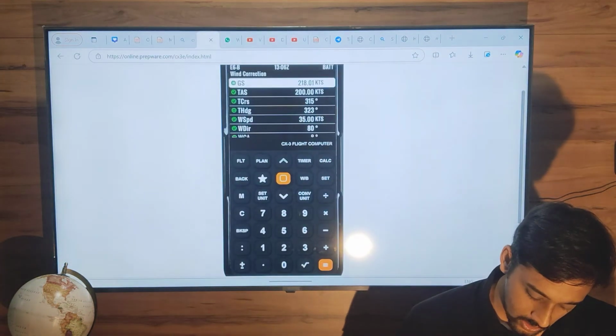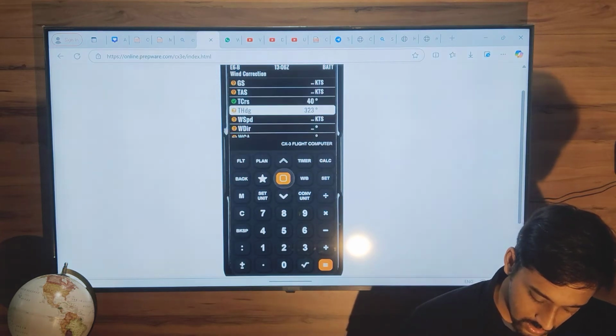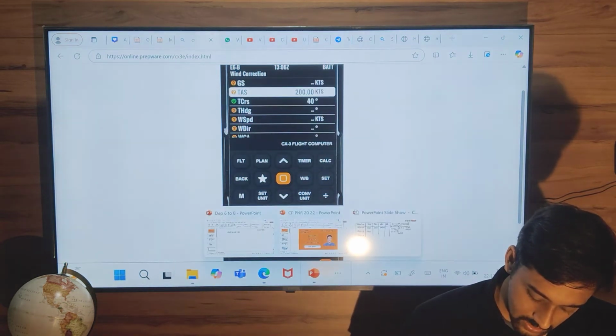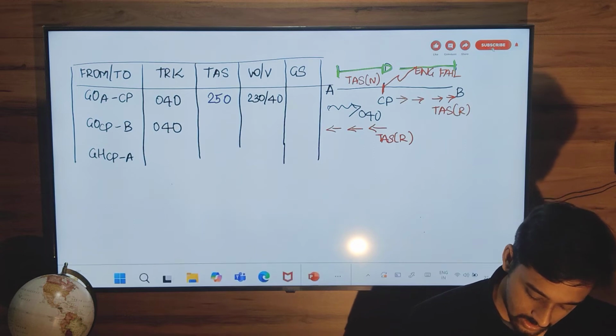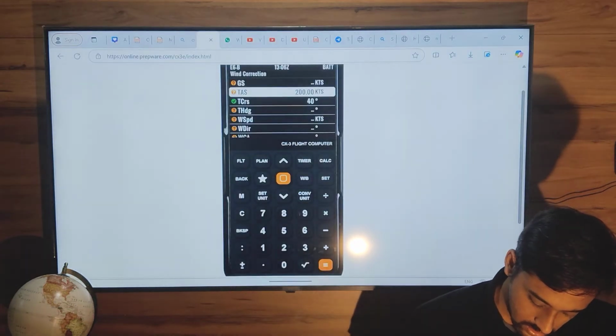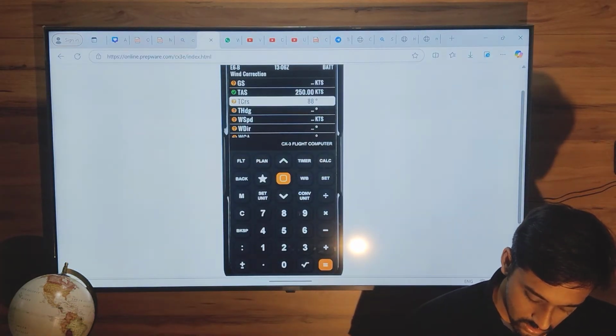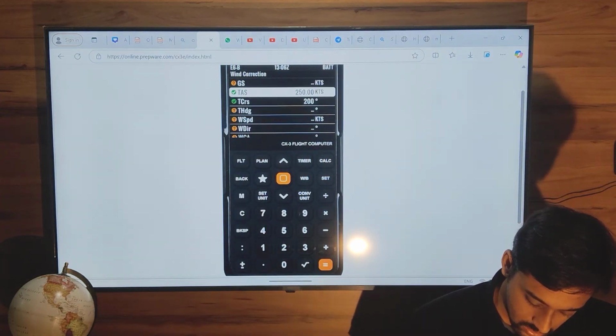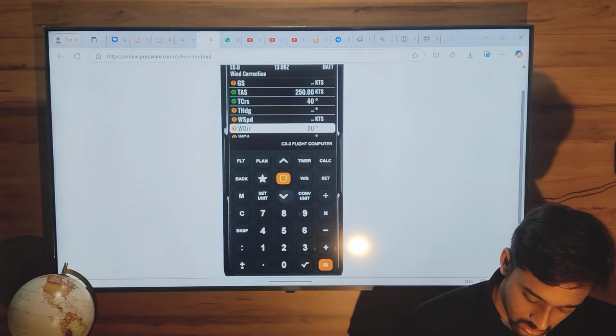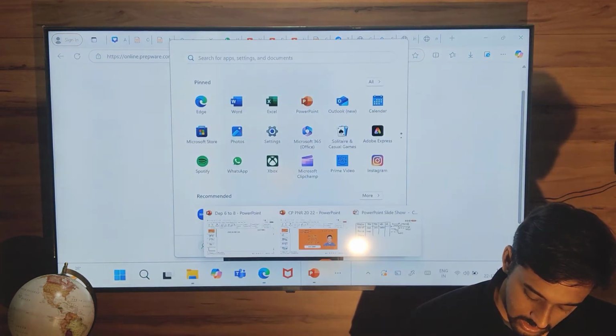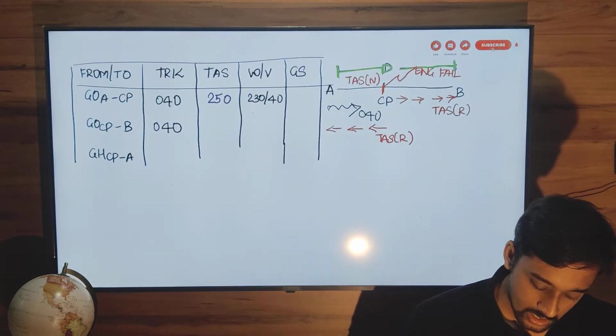Track is 040, your TAS is 250 and wind is 230 at 40.